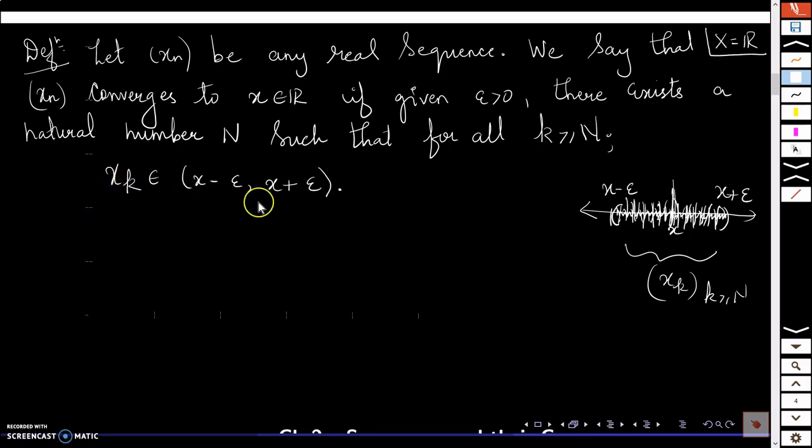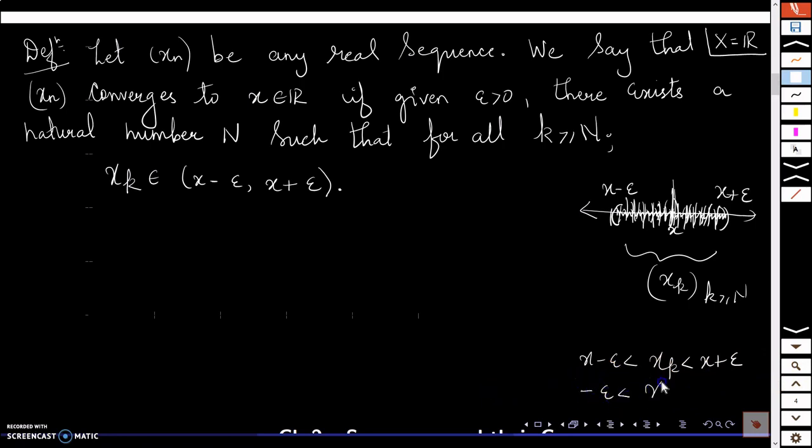And this I can also write in terms of modulus. In fact, some books give the definition itself in terms of this modulus, right? So how can I write this in terms of modulus? xk belongs to this open interval. That means xk will lie between x minus epsilon and x plus epsilon, right? Now if I subtract x throughout, then what I'll get?